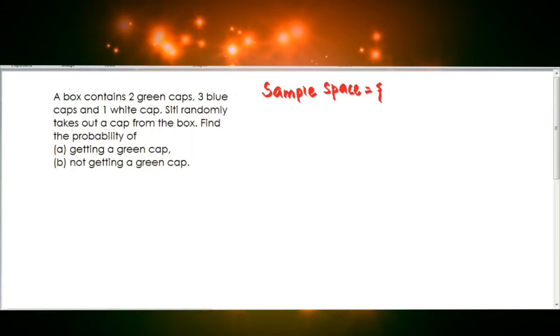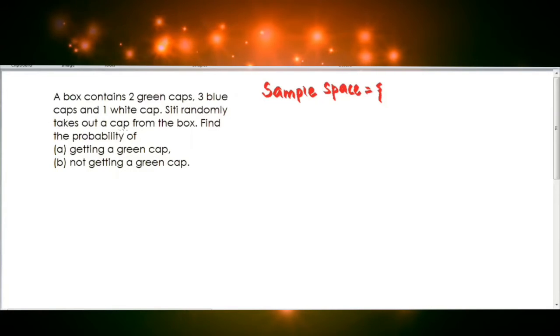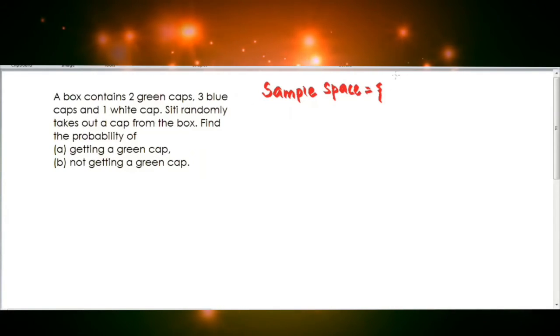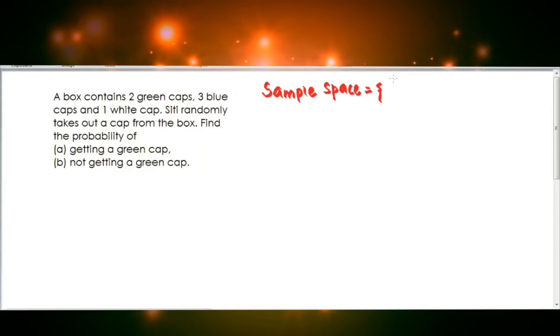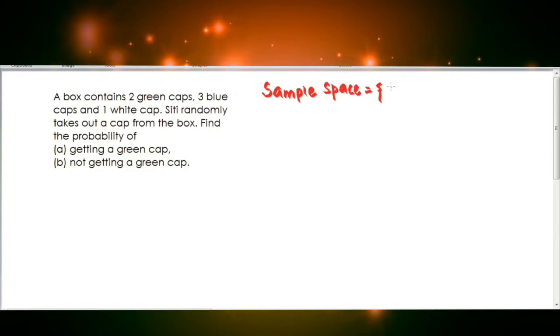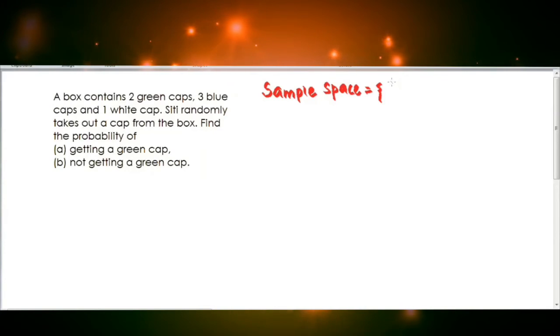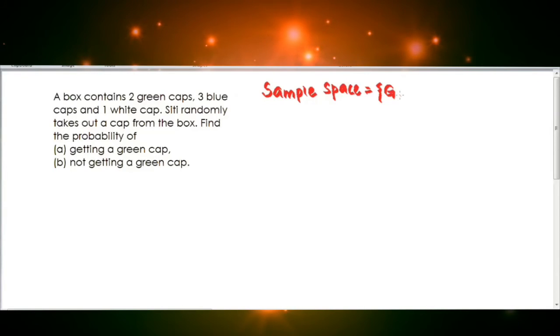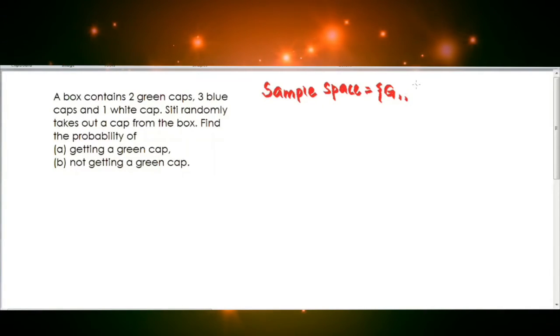Now, he needs to randomly pick a card, meaning he takes a card from the box. The possible outcomes he will get: maybe we will get green. How many green are there?